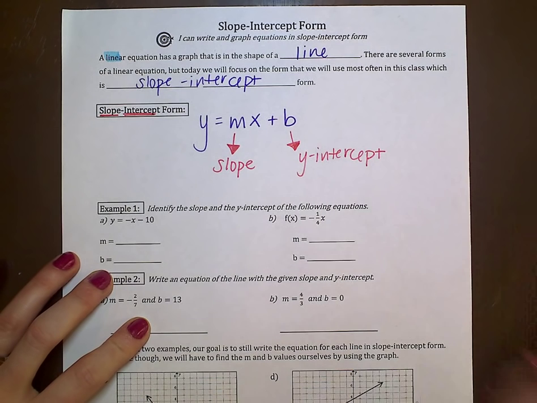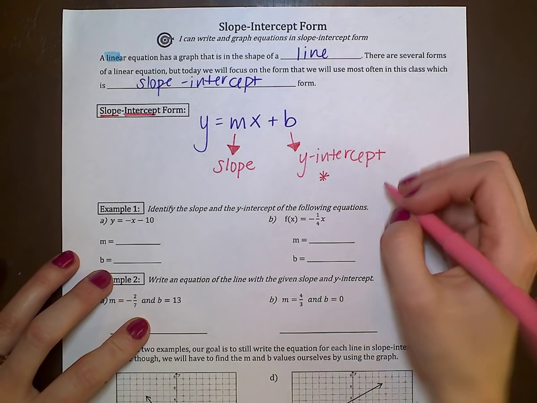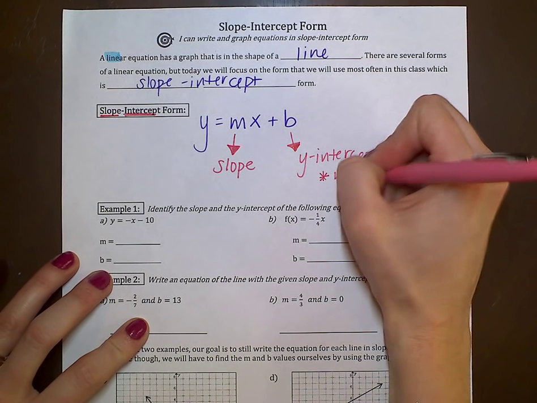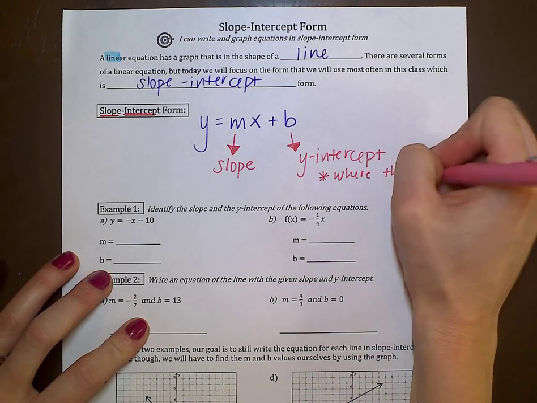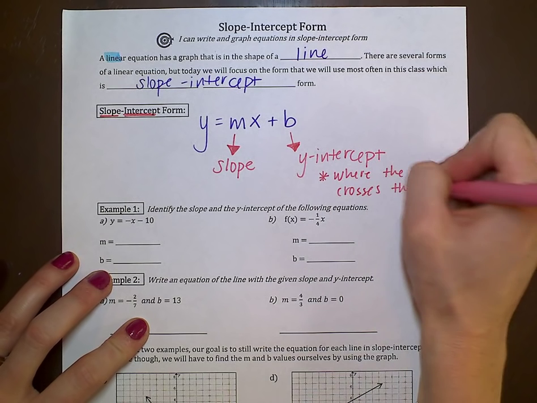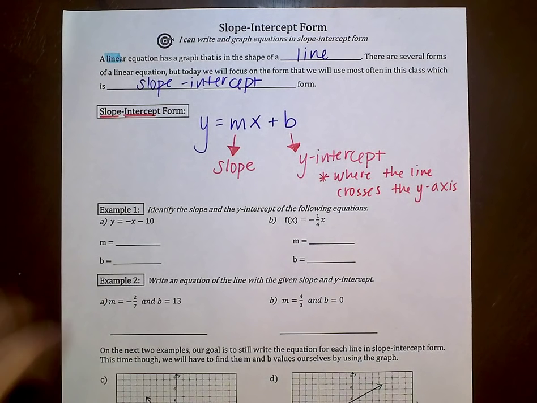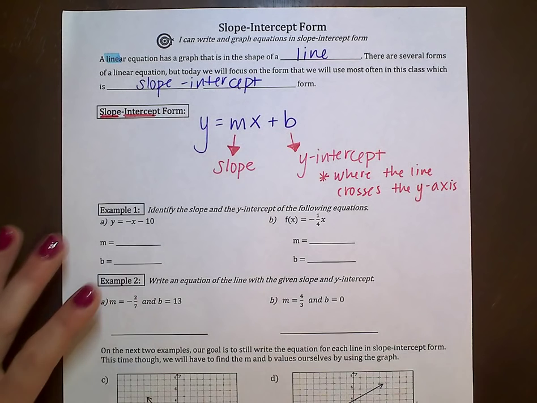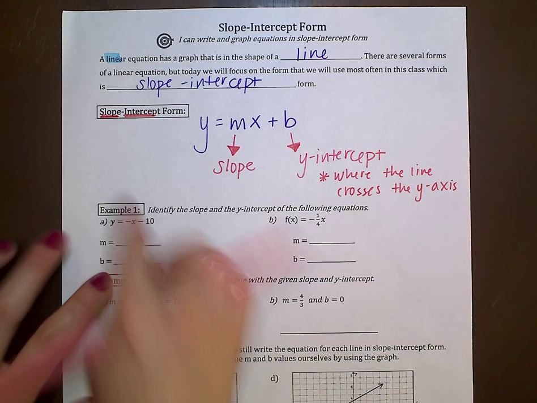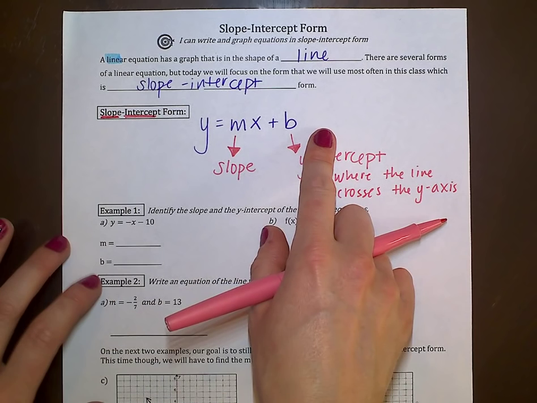Okay, and I want you to make a note: the y-intercept of the line is where the line crosses the y-axis. And again, the name 100% gives away the two things you need. You need the slope and you need the y-intercept to be able to write y equals mx plus b.